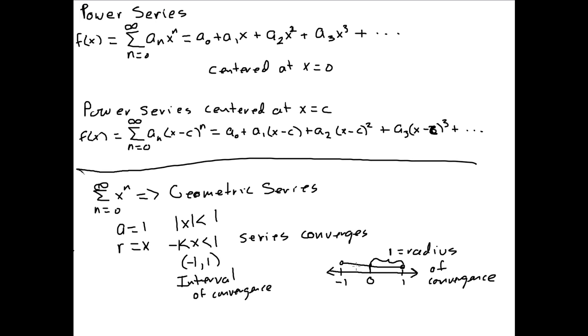We have an interval of convergence, and when we graph it and split it right down the middle, the radius of convergence ends up being 1. Another little tidbit of information is that this series, the sum, converges to 1 over 1 minus x, which really comes from that little formula we have, which is a over 1 minus r.